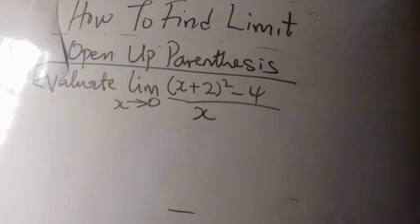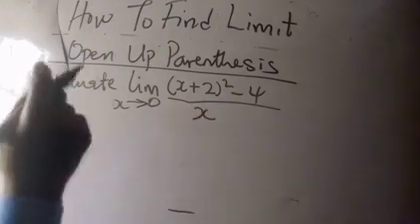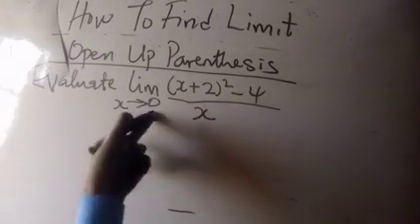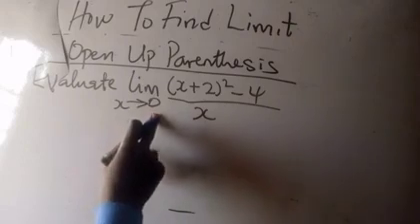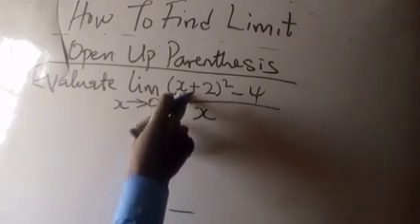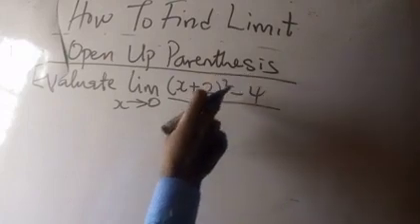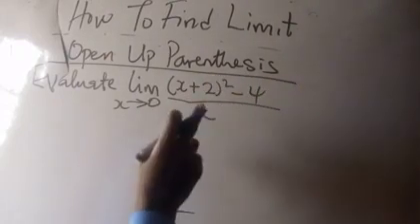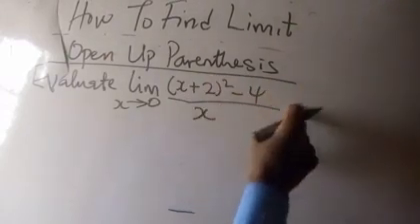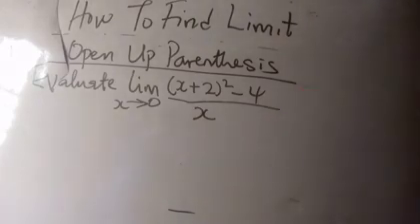We are looking at this question. If we use the substitution method, this will give us 2 raised to power 2, which is 4. 4 minus 4 is 0, and x is 0. It will give us 0 divided by 0, meaning that the limit does not exist.